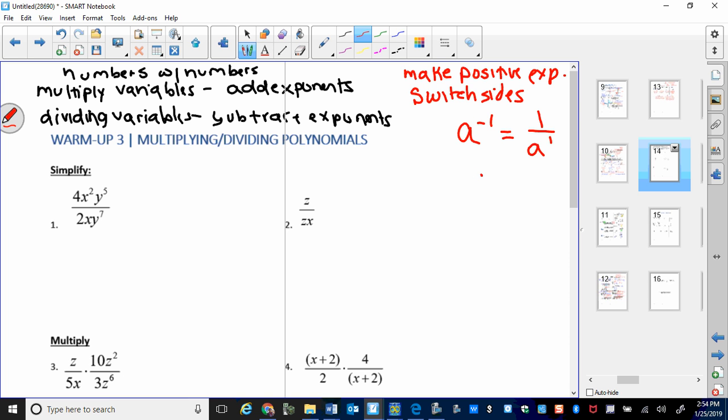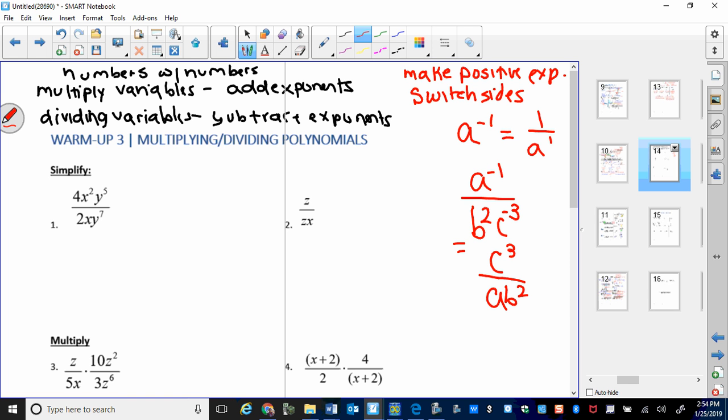If I had, let's say, a to the negative 1 divided by b squared over c to the negative 3, then I would switch things around here, but b would stay in place because the exponent's positive. So I would end up with c cubed divided by ab squared. Okay, so make positive exponents, that's the deal.